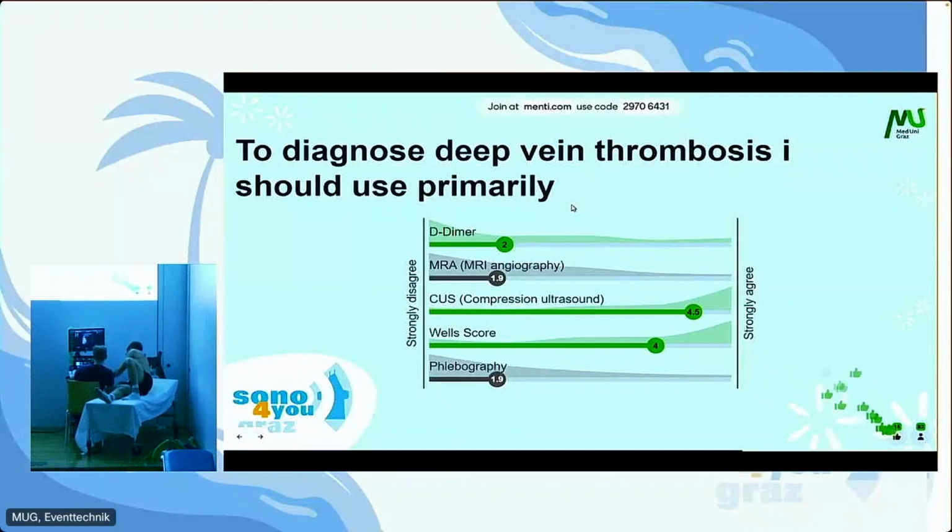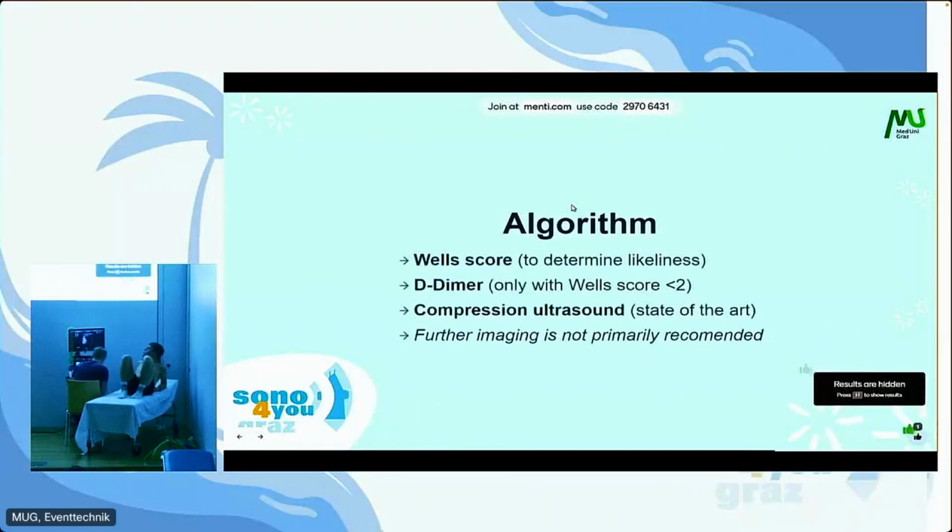If the likelihood is really low, so Wells score 2 or less, then you can do a D-dimer. If the D-dimer is negative, you shouldn't do any further imaging. If the D-dimer is positive, you should do the state-of-the-art compression ultrasound that you're going to do or already have done in the hands-on sessions.